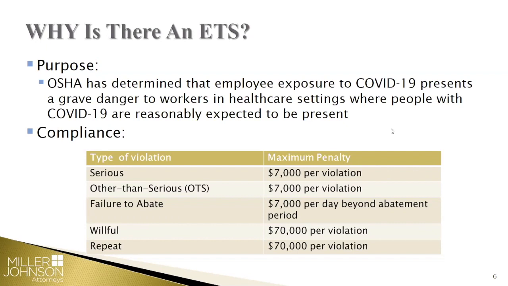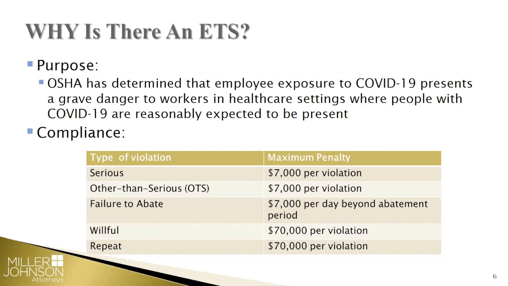Let's talk for just a second about compliance. I've also gotten a lot of questions on this. Compliance in the sense of, if we make decisions and it turns out that we're not 100% right, we're doing our best to understand what this ETS requires, but what if we're wrong?